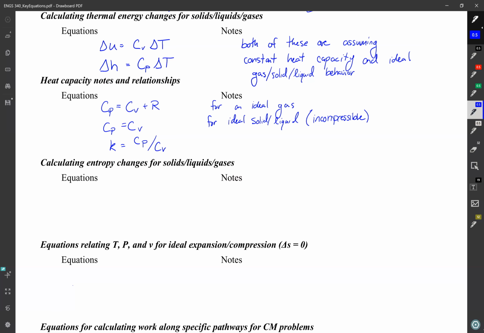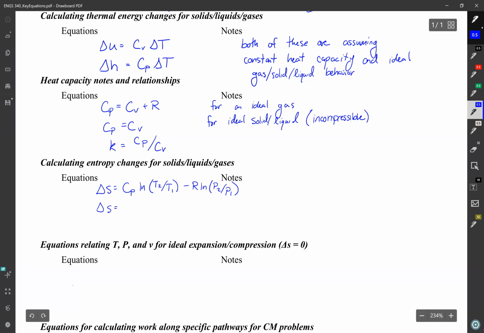There are a few different ways that we can calculate entropy, so we'll write down a few equations here. Delta S equals Cp times the natural log of T2 over T1 minus R times the natural log of P2 over P1.